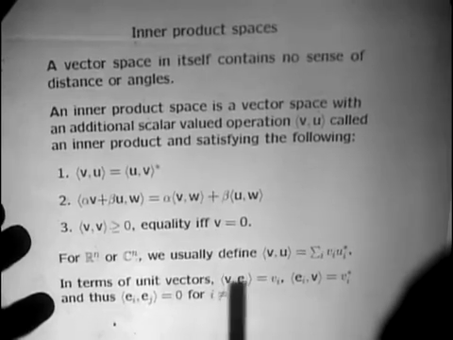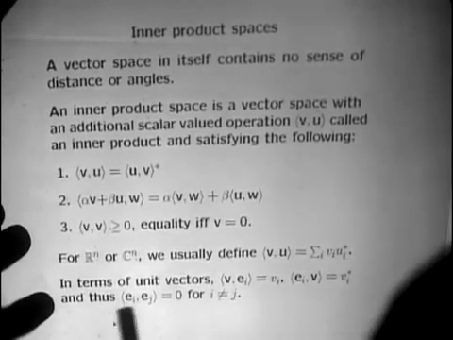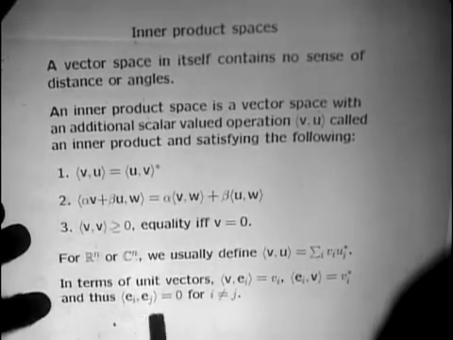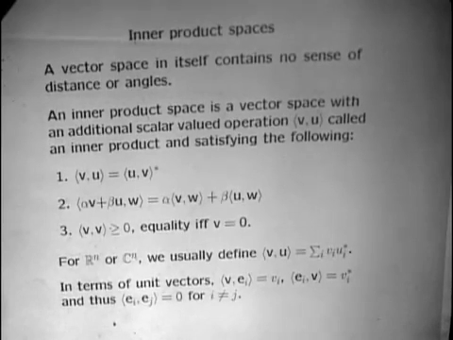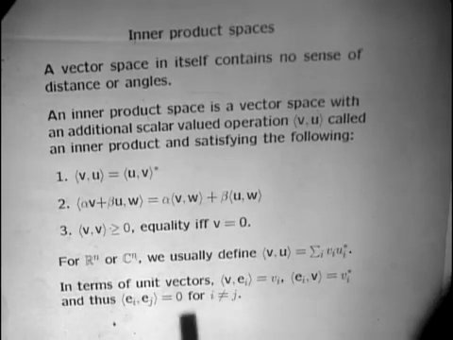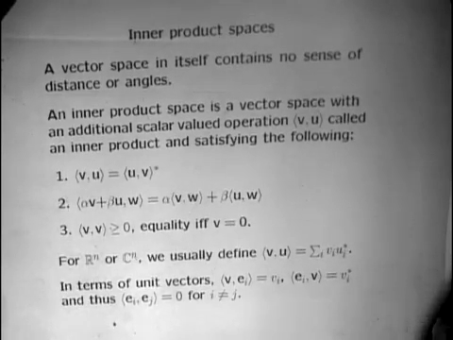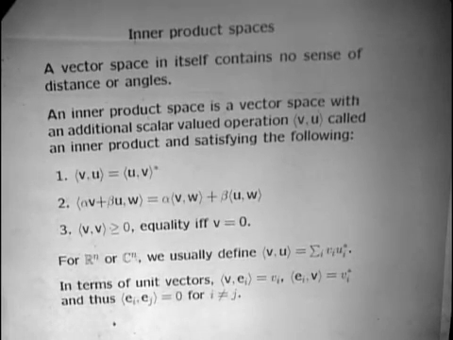And from that, if you make V equal to E sub j or E sub i, you get that the inner product of 2 of these basis vectors is equal to 0 for i unequal to j. In other words, the standard way of drawing pictures, when you make it into an inner product space, those unit vectors become orthonormal because that's the way you like to draw things.